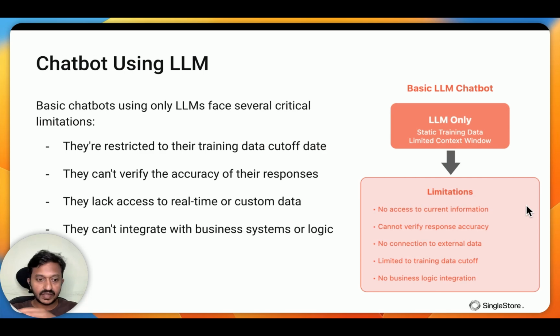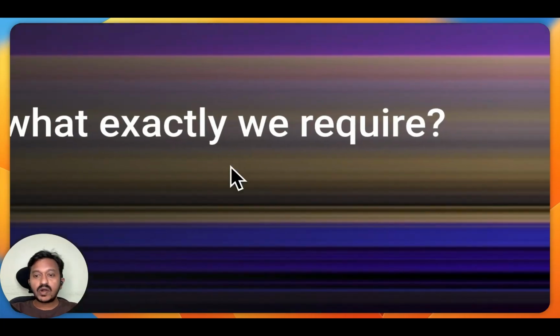And they can't integrate with business systems or any logic. You can't do API calling and all that because these are just chatbots using LLM models. So LLMs are not enough to build a robust AI application that can think, reason, and generate responses. So what exactly do we require then?